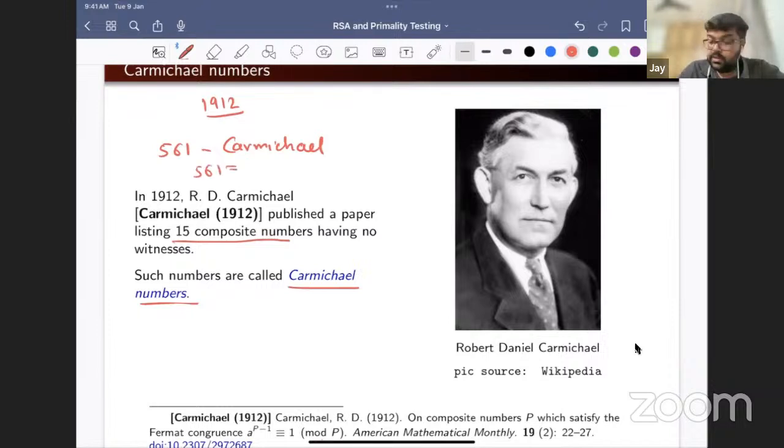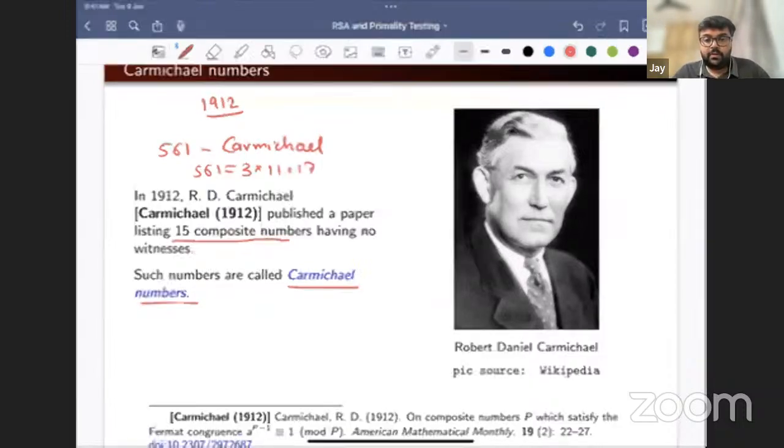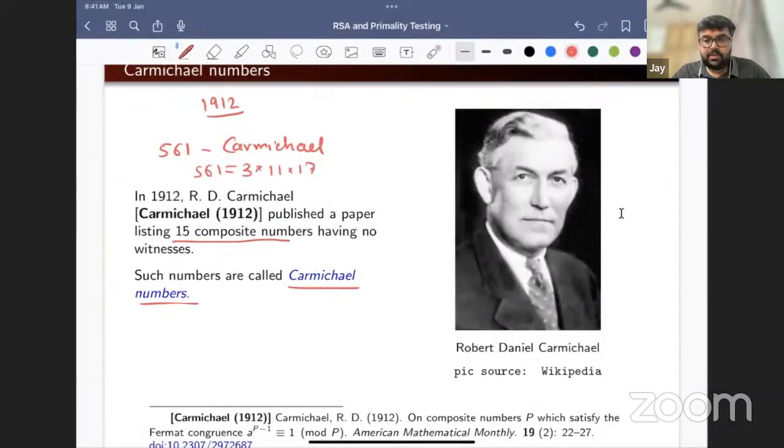So 561 is a composite number. You can see that it is divisible by 3, 11 and 17. Right? 3, 11, 17. Let me just check. Yes, 3, 11, 17, 561.